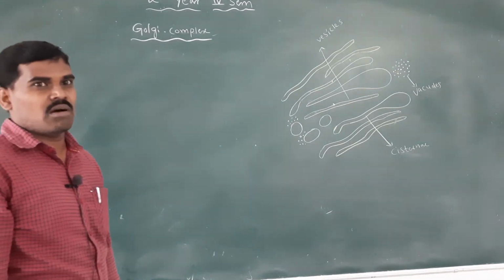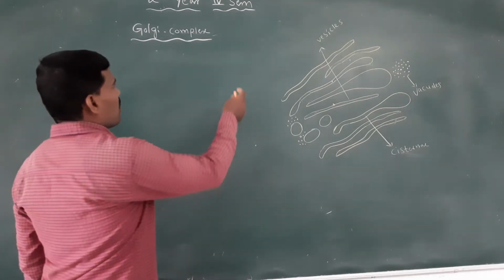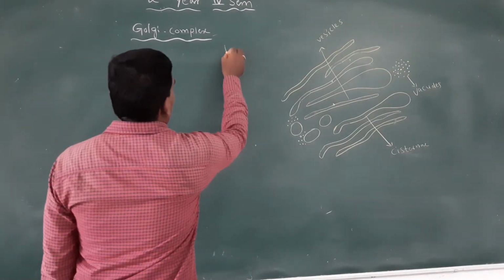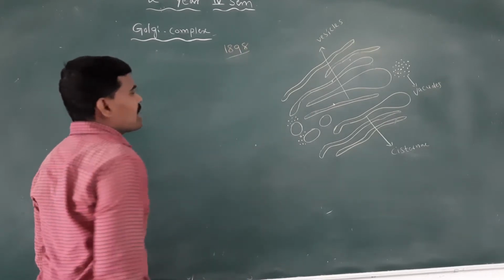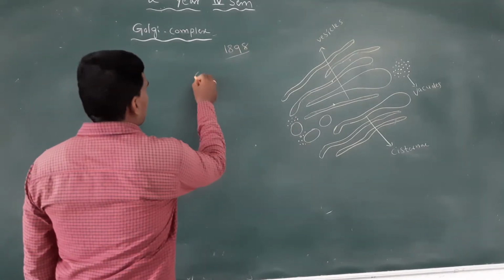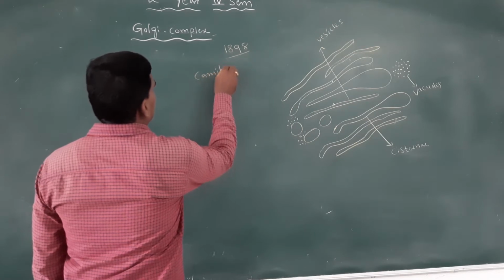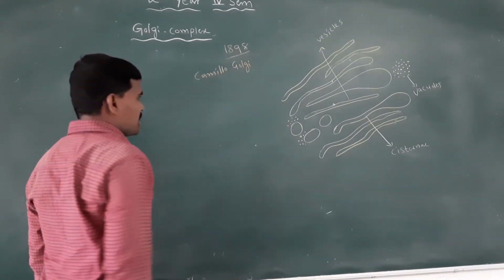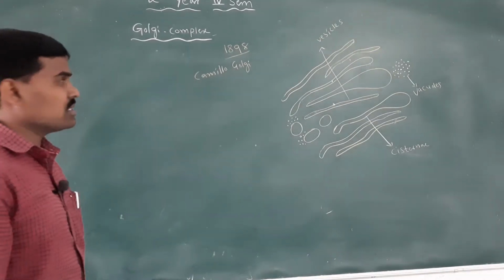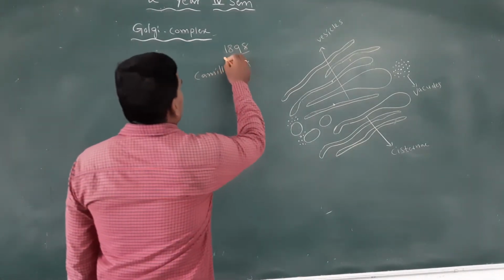The Golgi complex was discovered by Camillo Golgi in 1898. Who is the scientist? Camillo Golgi, in 1898.